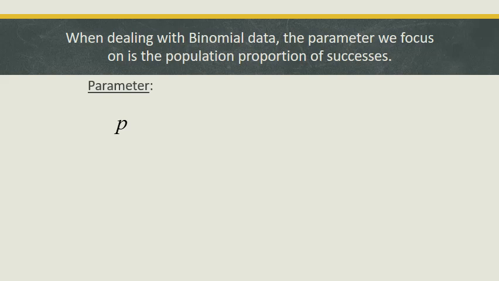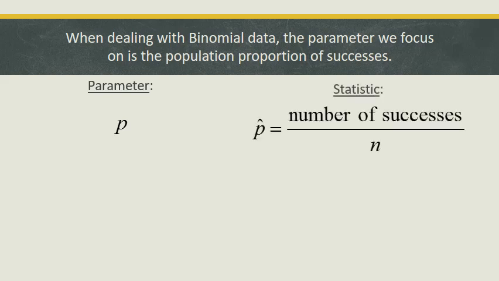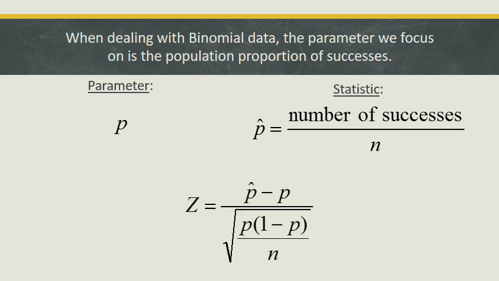For example, if P is the proportion of men in the entire population, then the probability of randomly picking a man would also be equal to P. Like all parameters, we won't know what P is equal to, so we're going to estimate P by collecting a sample of observations and calculating the sample proportion, also called p-hat. P-hat is defined as the number of successes in the sample divided by n.